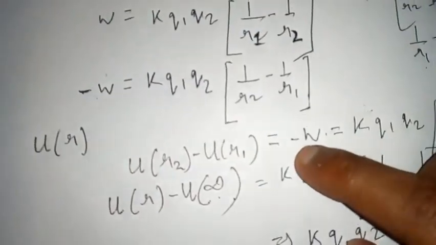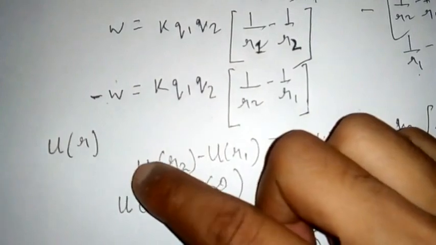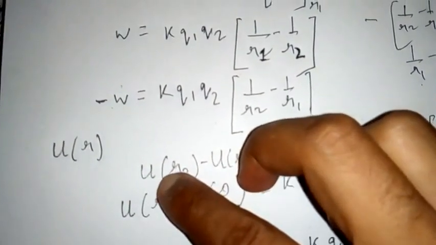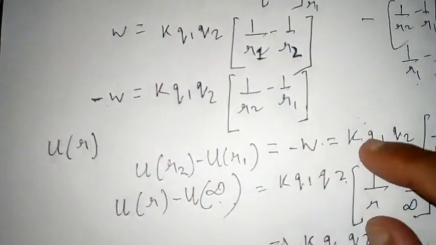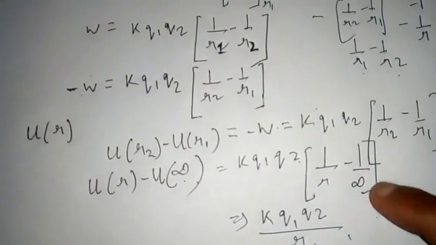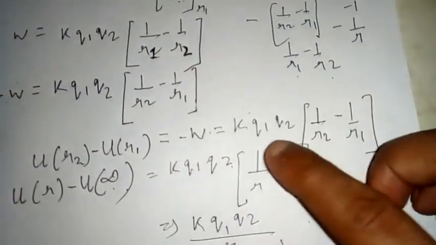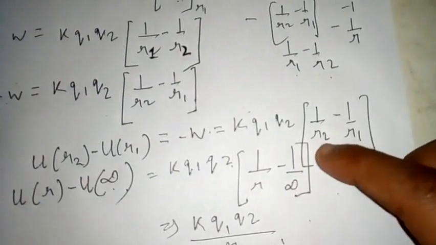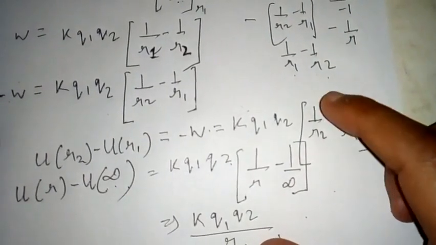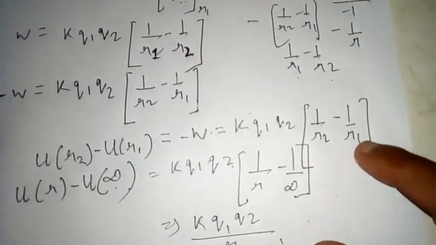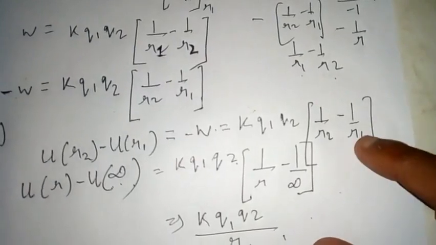The second thing is that the change in potential energy will be equal to the negative of work done, and that will be k q1 q2 times 1 over r2 minus 1 over r1.